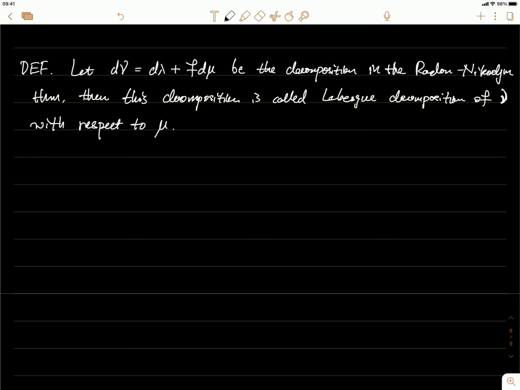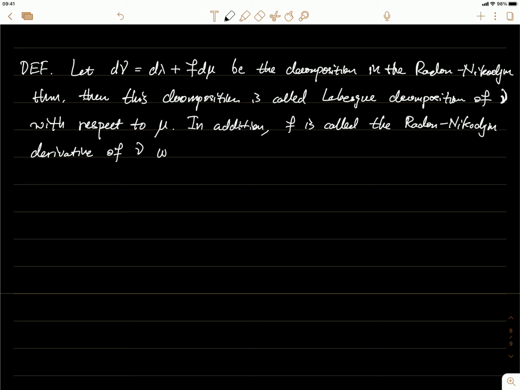And in addition, f is called the Radon-Nikodym derivative of nu with respect to mu.